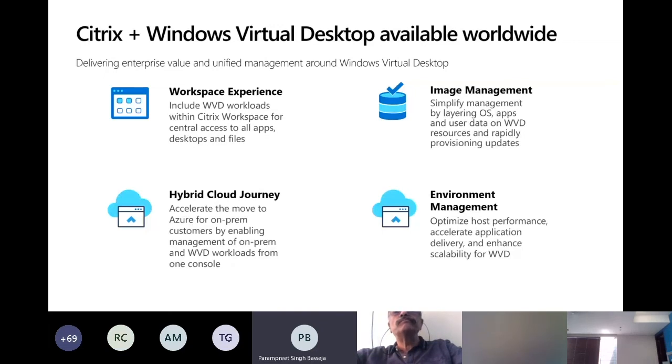Citrix is now partnering with Microsoft WVD, and they are hosting their setup on WVD for scenarios which are very compute intensive. For example, design applications like AutoCAD or Photoshop, very heavy ERP applications, or applications where you need to render videos on a remote desktop. So we partner with both Citrix and VMware on that.